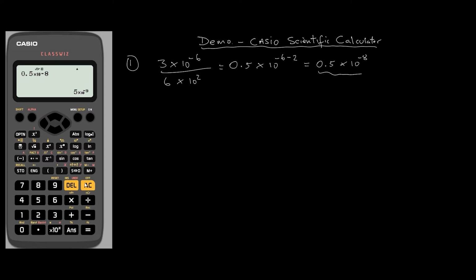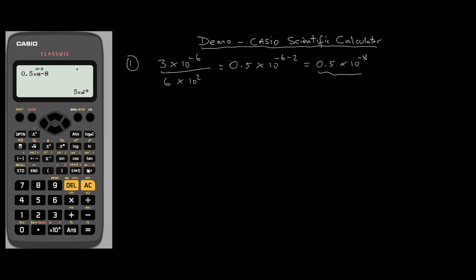Okay, so the ENG button here expresses answers in terms of what engineers like: 10 to the 3, 10 to the 6, 10 to the 9, 10 to the minus 3, 10 to the minus 6, 10 to the minus 9, respectively, kilo, mega, giga, or then we could have milli, micro, nano, etc. Okay, so that's a very useful button for finalizing your answers in a nice engineering format.